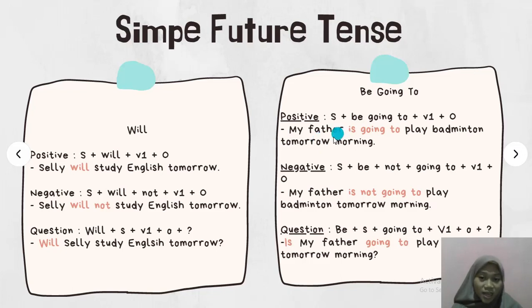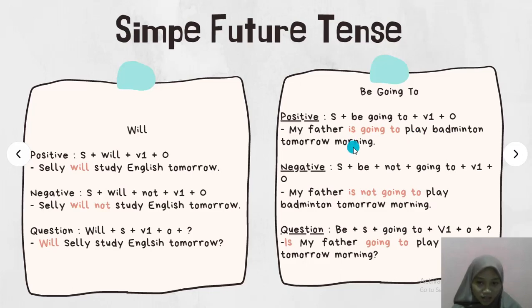When the subject is you or we or they, we can use are as a be, or when the subject is I, we put am as a be. So my father is going to play badminton tomorrow morning. My father as a subject, is going to, play as a verb 1, object is badminton, and tomorrow morning is a time signal.